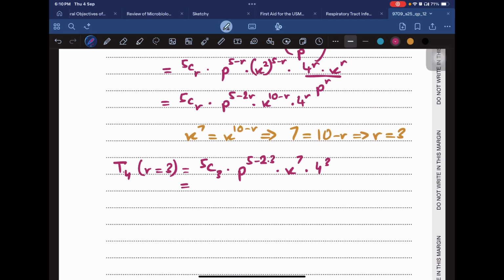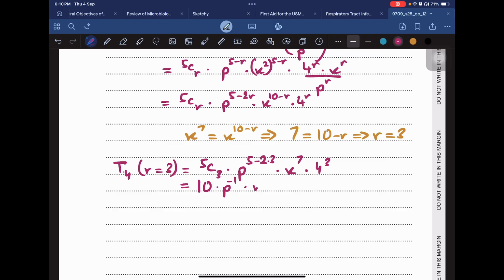So 5c3 will be 10. Yeah, 5c3 is 10. Then we have p to the power of 5 minus, so this is 2 times 3, which is 6. 5 minus 6 would mean that it's p to the power of negative 1.